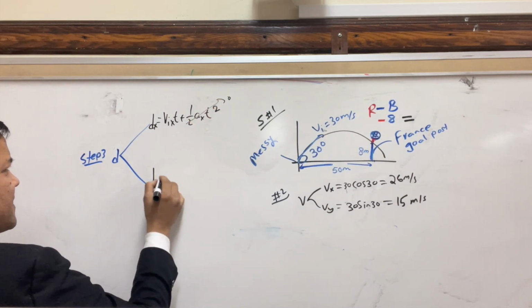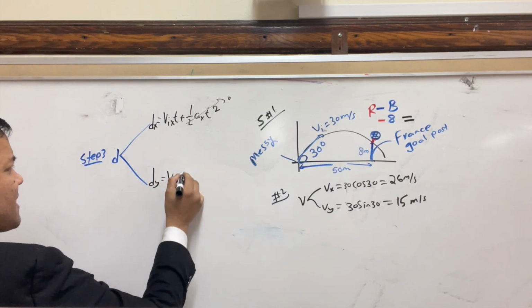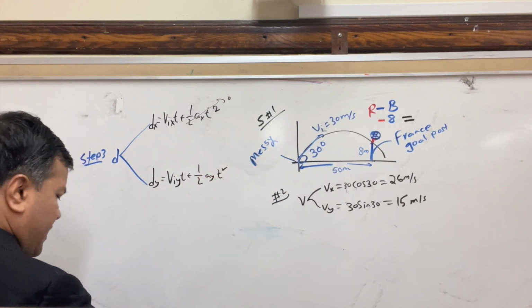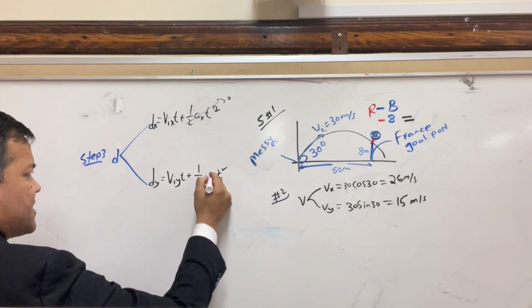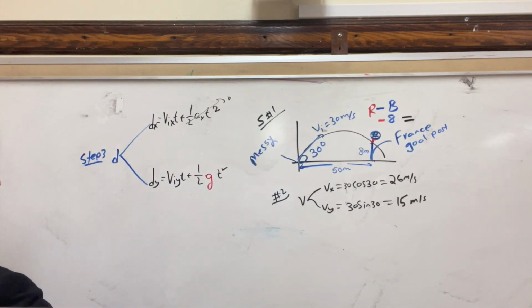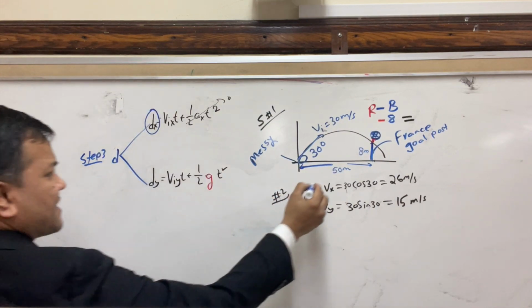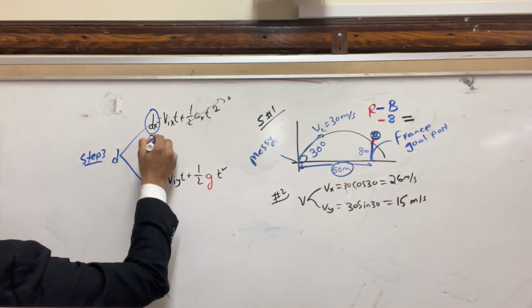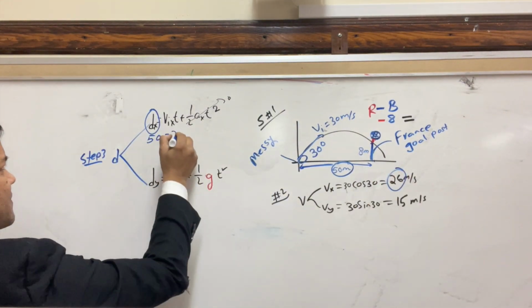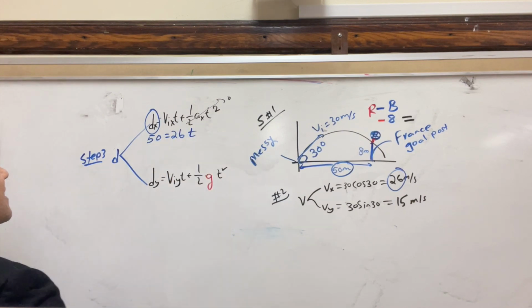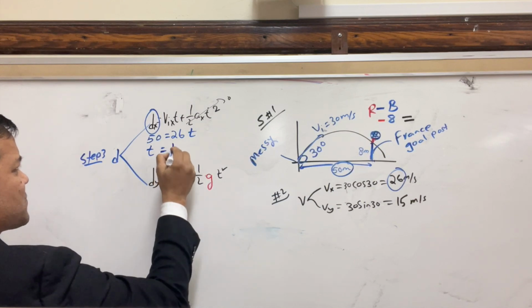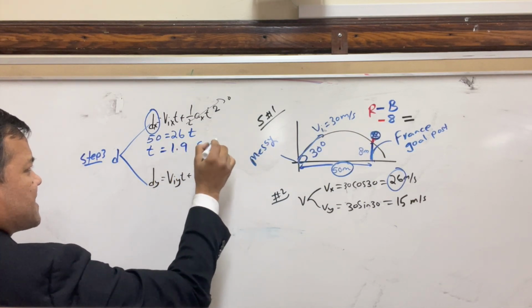And now dy is equal to Viy t plus half ay t squared, and you know ay has a special name, and that is g. Now dx is 50, you have Vix, which is 26, and t is what you are looking for. So t is 50 over 26, which is 1.9, taking just 1 decimal.